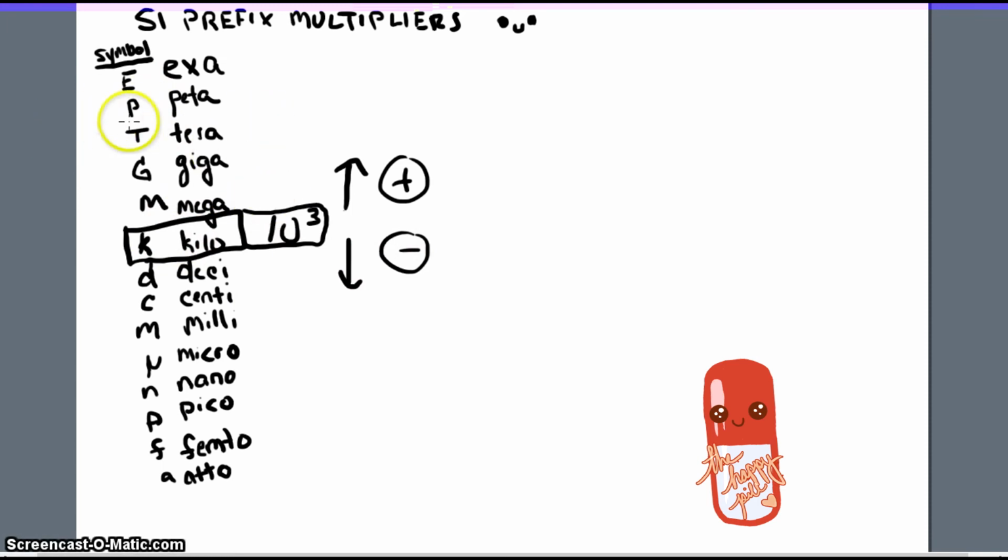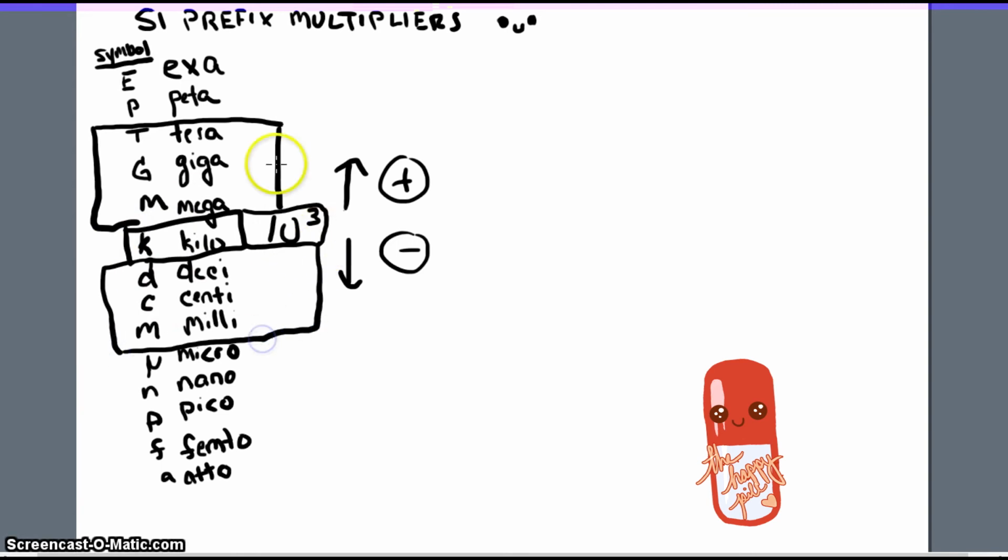Going up to the positives, I separate tera, giga, and mega. And going downwards, I separate it from deci, centi, and milli. Now, we can start with the negatives first. We already know that for decimal, you will have to put point something, and it's going to be smaller than 0.